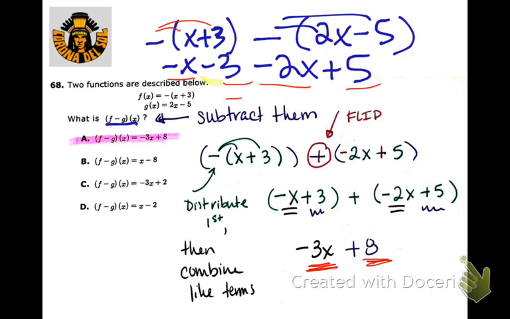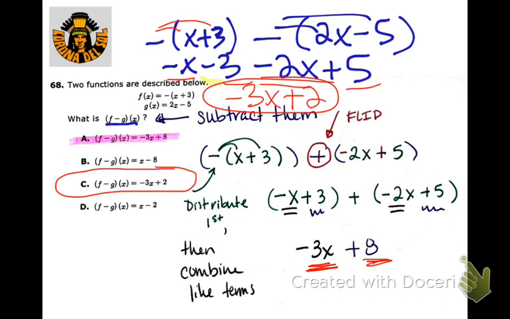That should be negative 3x plus 2. I'm glad I'm working these out. Okay, so that one is, yeah, let me just make sure here. So subtract minus 2x plus, yep, so that one should be C. Cool.